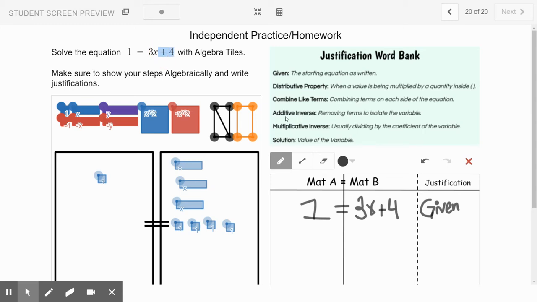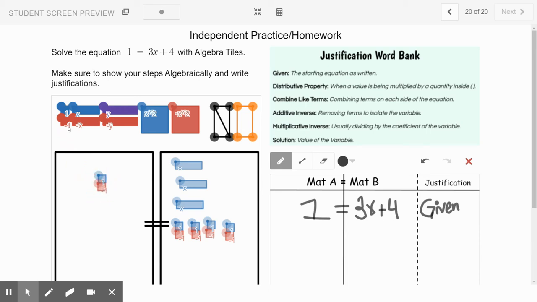Remember, additive inverse means that you are adding the opposite to both sides so that you can remove this term, the plus 4. The opposite of a positive is a negative. So I'm going to add -4 to mat B, except if I'm going to add -4 to mat B, I need to keep things equal. I need to add negative 4 to mat A as well.